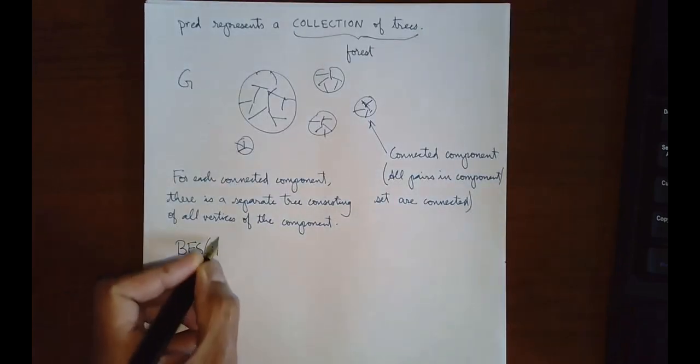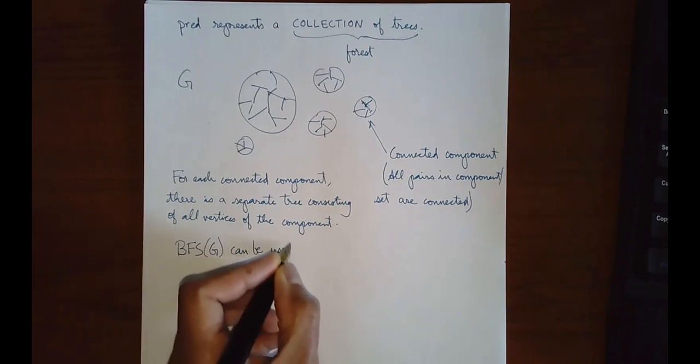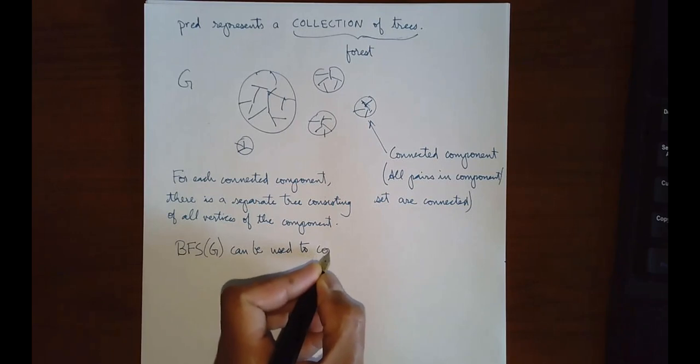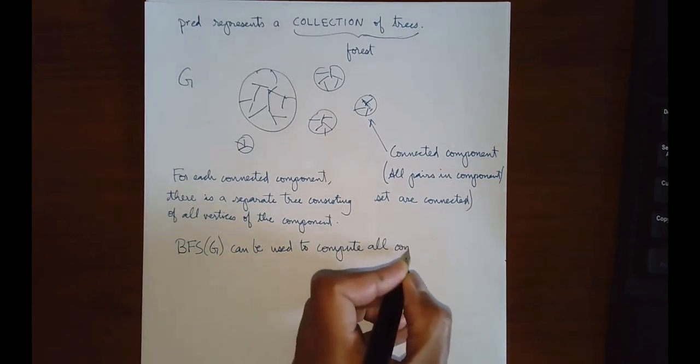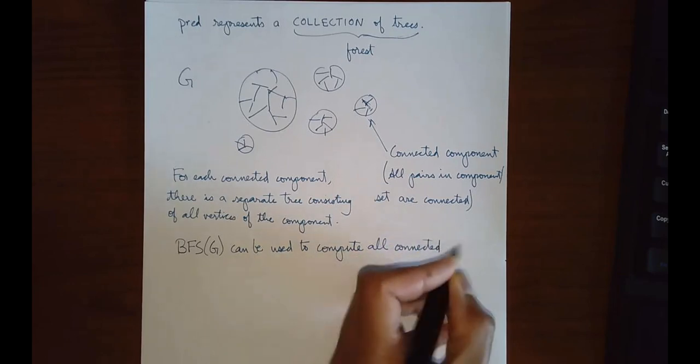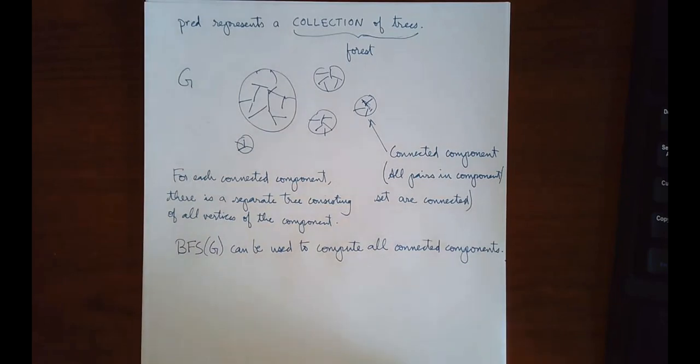So BFS of G can be used to compute all connected components. It's a very common use case for breadth first search, to be able to compute all the connected components of the graph.